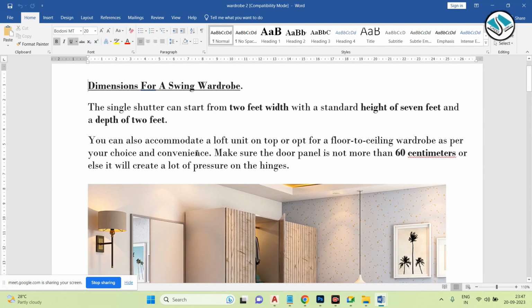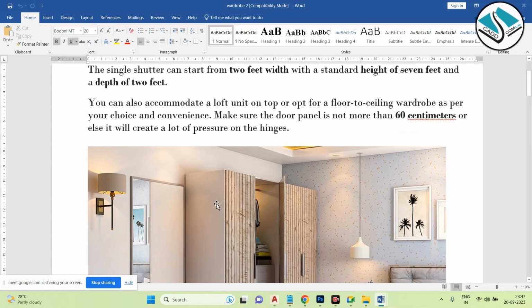Okay. So the first point is dimensions for a swing wardrobe. There are a lot of types available, so we will discuss point to point. If you want to mention a swing wardrobe in your plan, in your bedroom interior, what sizes can you mention?